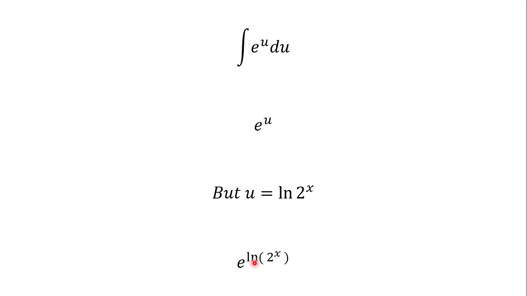Now e raised to the power ln2 raised to the power x is going to give us 2 raised to the power x, because the base of the ln is e and we are having another e here. So the base of this ln will cancel out with this e and it will be left with 2 raised to the power x.